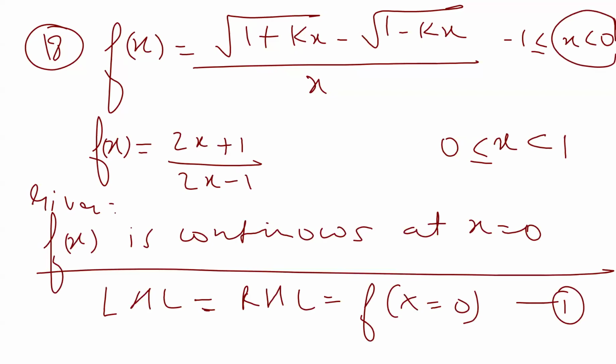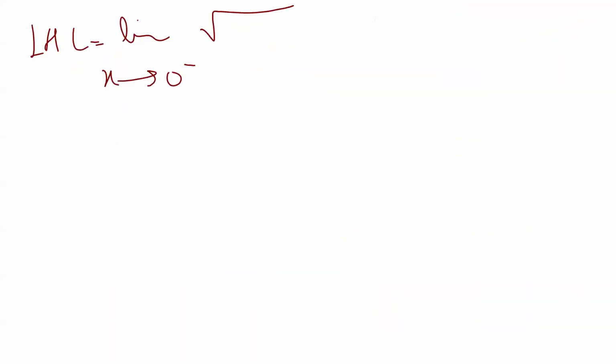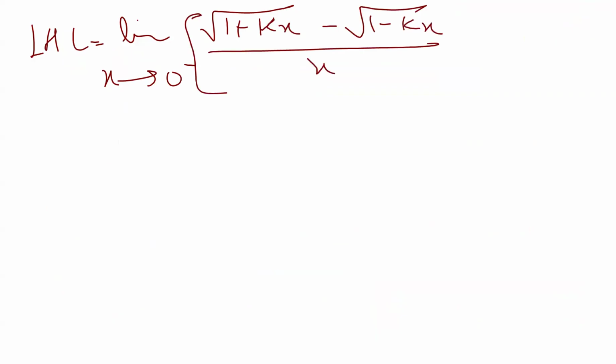We'll start with the left hand side limit. Limit x approaching 0 minus, where 0 minus is x less than 0: root of 1 plus kx minus root of 1 minus kx upon x. So let x is equal to 0 minus h.